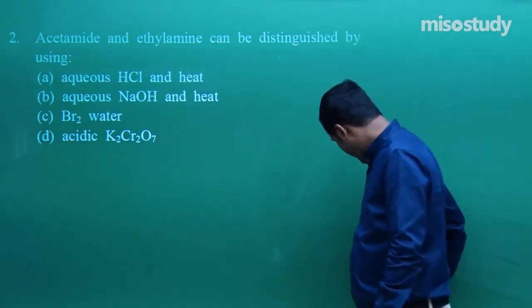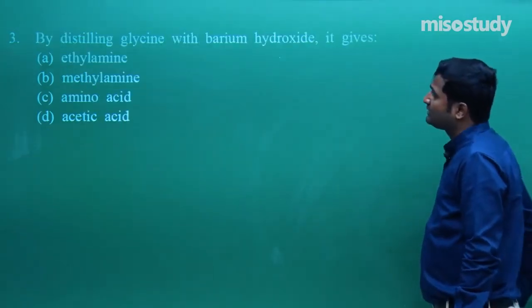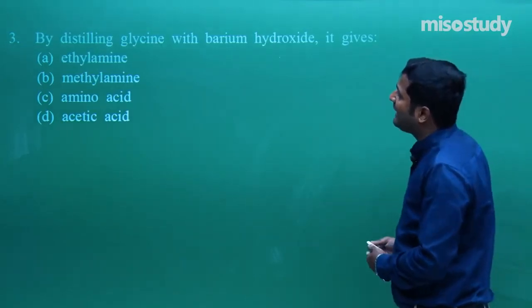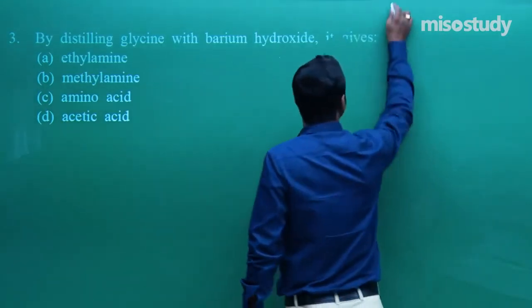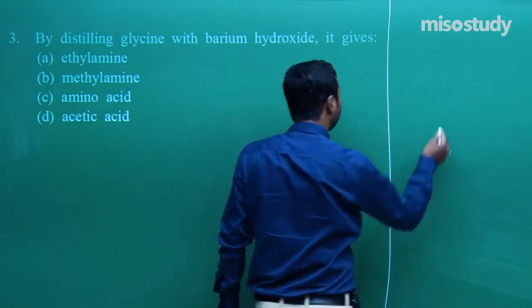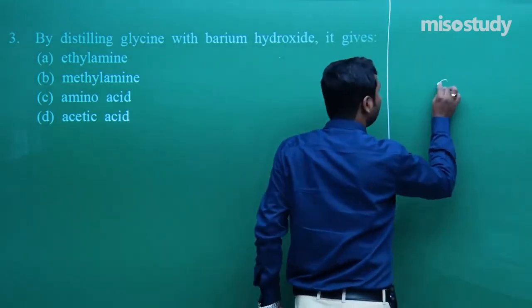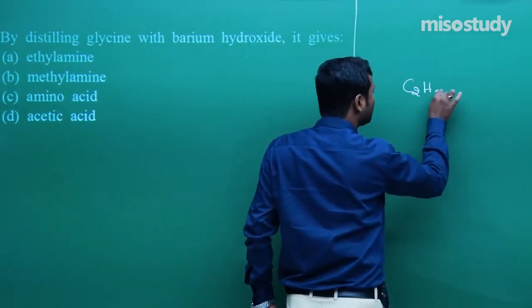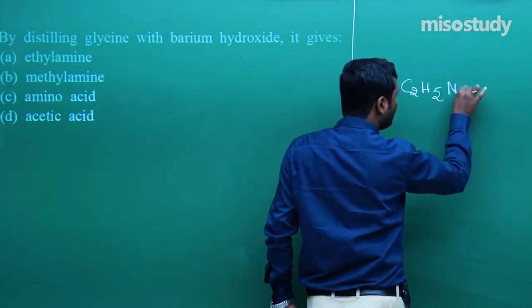Clear to you? Now question number 3, by distilling glycine. What is glycine? It's very simple. Glycine is C2H5NO2.